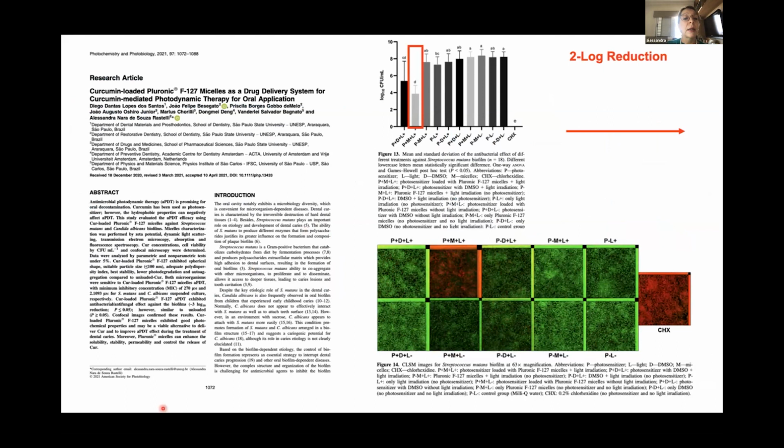In this same way, we have also associated different photosensitizers in different systems to provide the drug delivery of the photosensitizer, since most of them are not water soluble, and also to avoid the degradation of the photosensitizers before we shine the light.